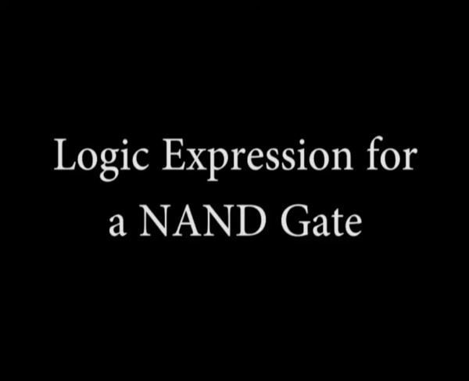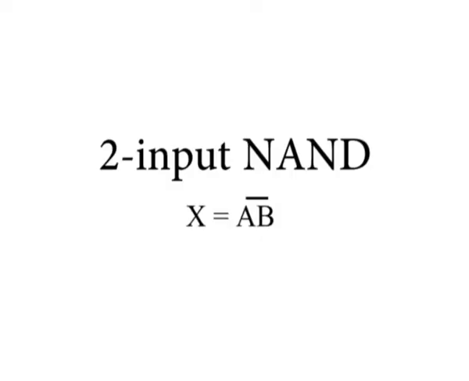Logic expression for a NAND gate. The Boolean expression for the output of a two input NAND gate is X equals AB bar. This expression says that the two input variables A and B are first ANDed and then complemented, as indicated by the bar over the AND expression.